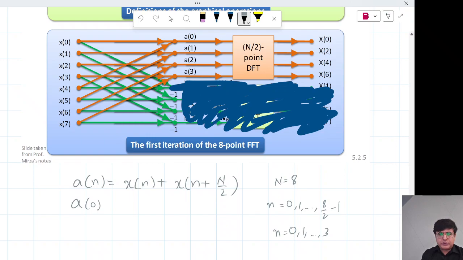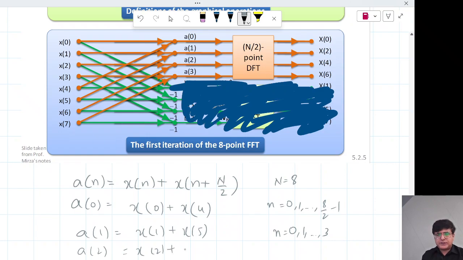So a of 0 will just be x of 0 plus x of 0 plus big N over 2, that means 4. A of 1 is going to be x of 1 plus x of 5. A of 2 is going to be x of 2 plus x of 6. A of 3 is going to be x of 3 plus x of 7. Clear?